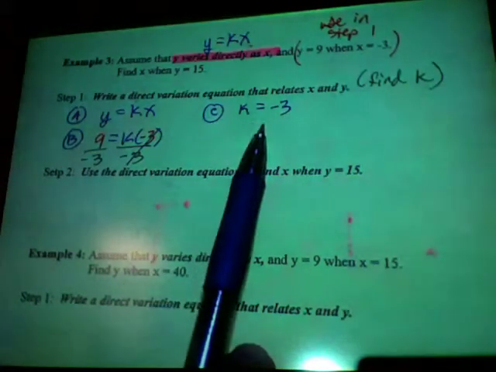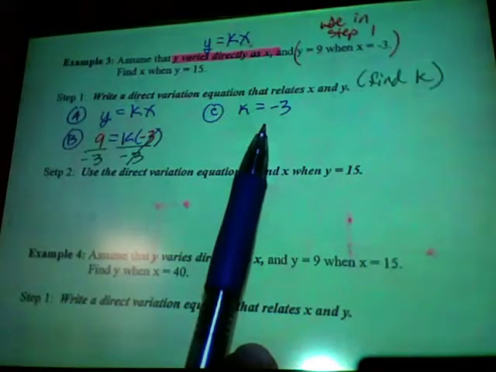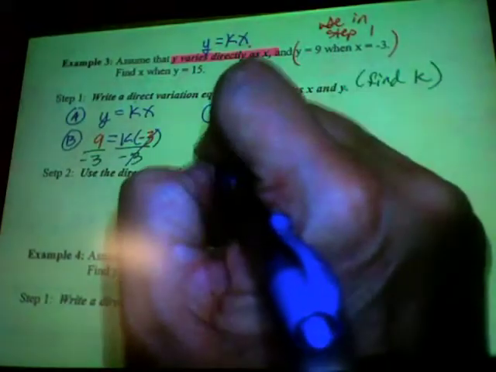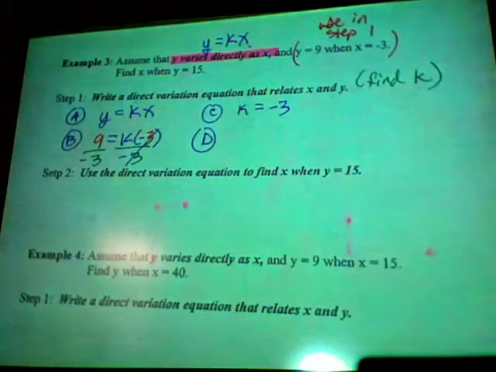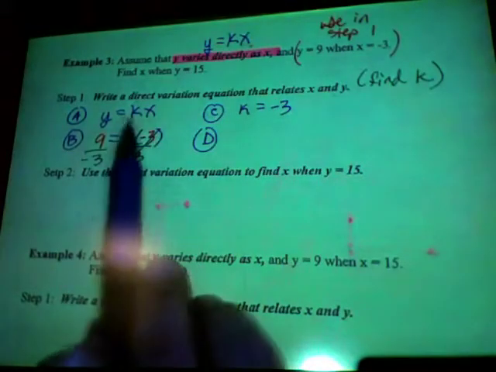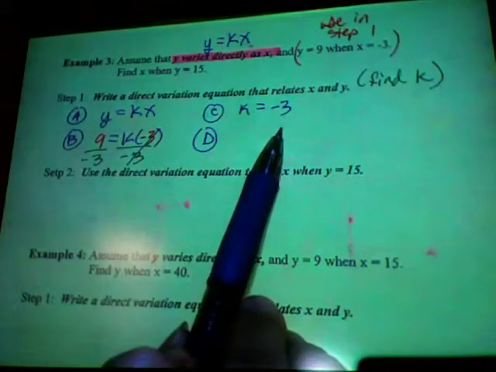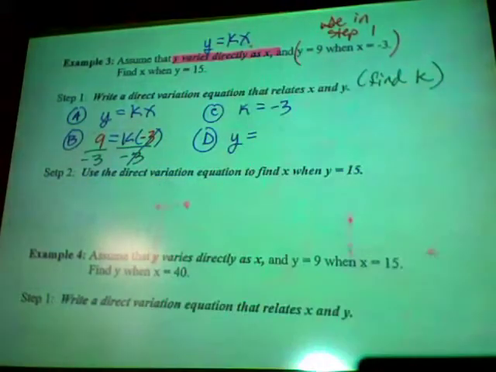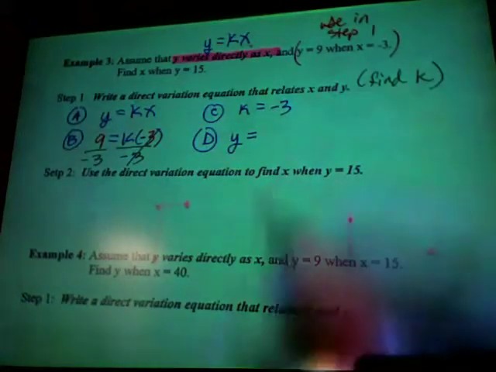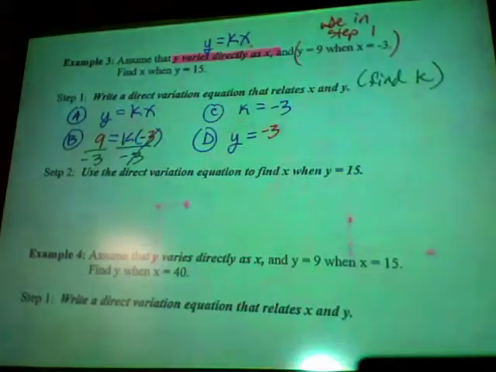Is this a direct variation equation? No, but now you have the ability to write it. So this is your very first time in writing a true equation on your own. So we're going to rewrite the y equals kx, but we're going to replace k with what we now know it is, -3. So y equals, we're not going to use the 9 anymore. We used it to find k, throw it away, it's no good anymore. -3 x. This is what we were after.